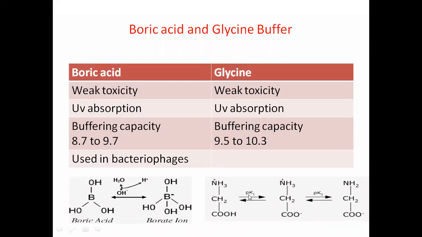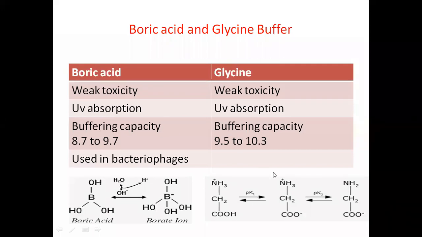This is pKa 1, this is pKa 2. You can use these two as buffer or these two as buffer. Here, the amine group is ionized, whereas the acid group remains unionized. This is the Zwitter ion.